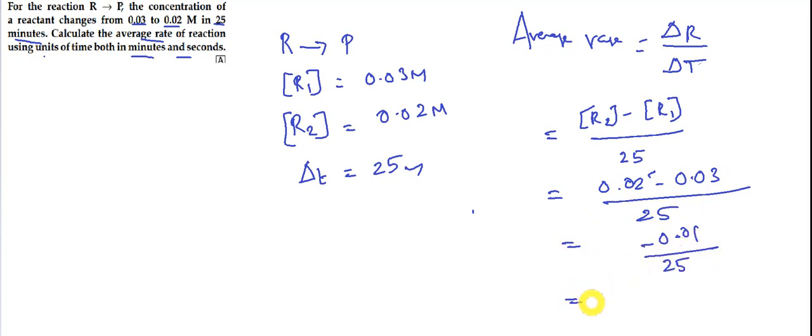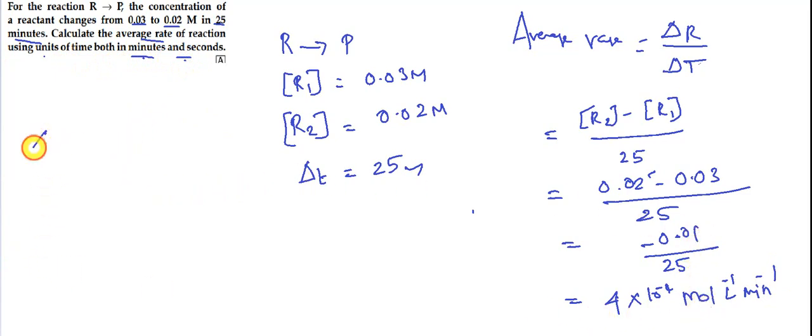So that is 4 into 10 to the power of minus 4 mole per liter per minute. But they're asking for minutes as well as seconds. So we have to convert this into seconds.